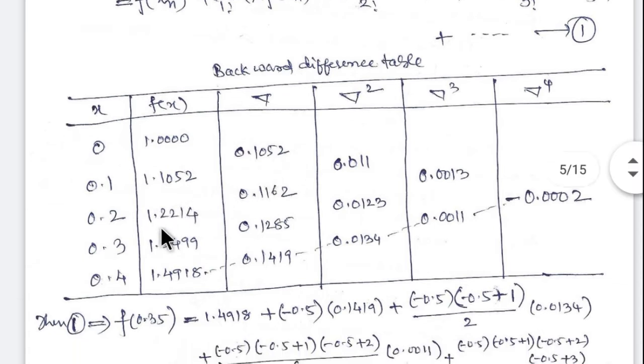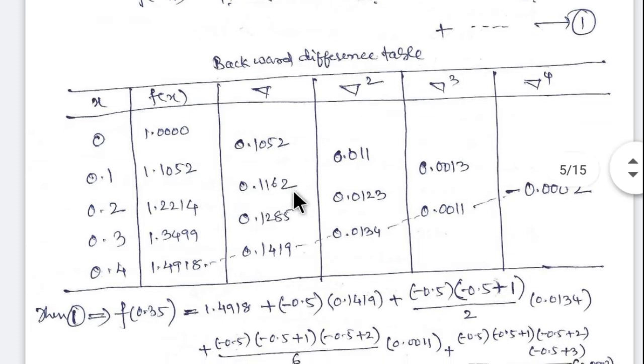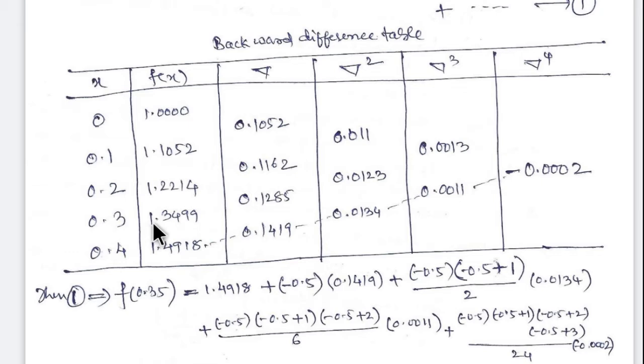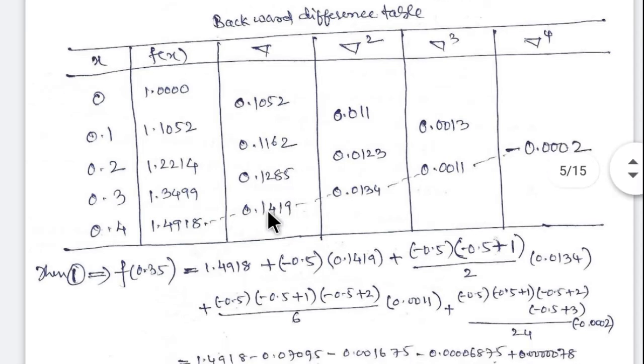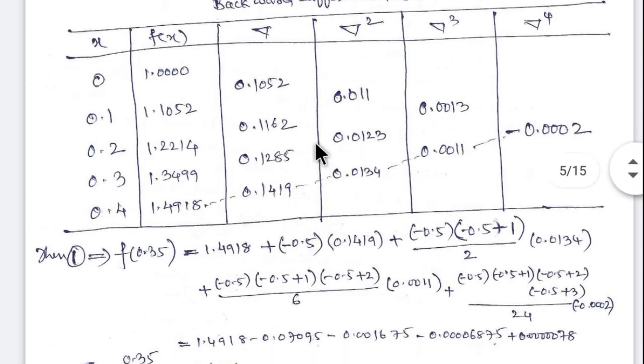Similarly 1.2214 minus 1.1052 gives 0.1162. Taking the difference of these two, 1.3499 minus 1.2214 gives 0.1285. Similarly 1.4918 minus 1.3499 gives 0.1419. This is the first order difference.